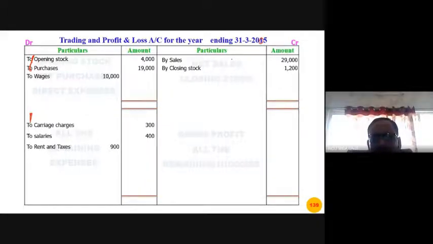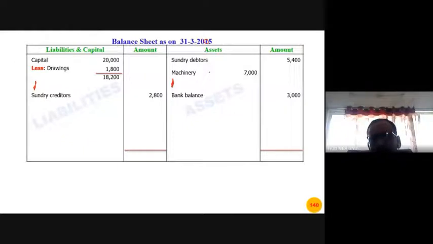Yes, once it is taken on the credit side of a trading account, again it is to be shown on the asset side, as the closing stock of 1200. Okay, first adjustment is completed. Once it is shown on the credit side of a trading account, again it is shown as the asset on the closing day on the asset side of a balance sheet.